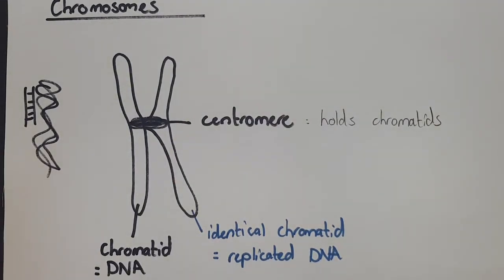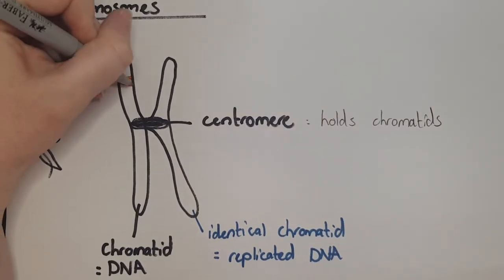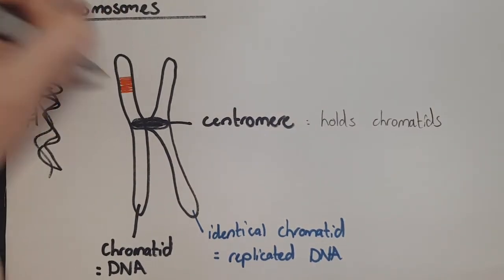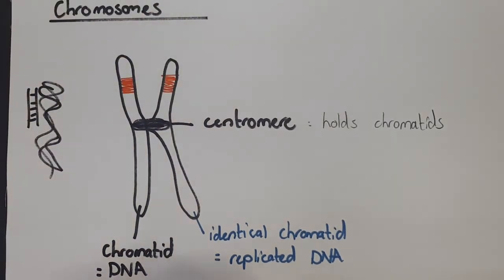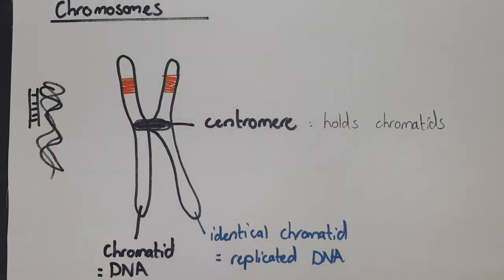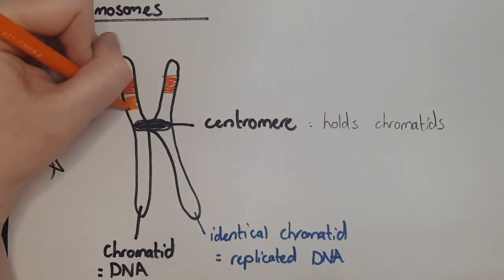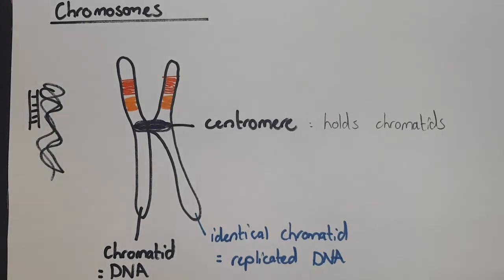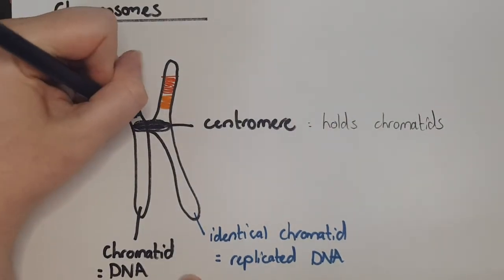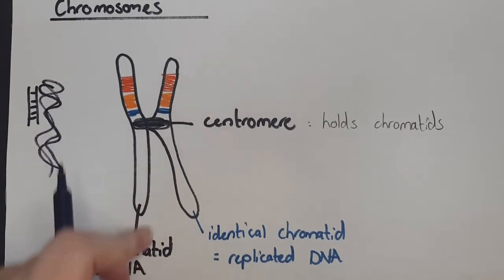Now, along each part of that chromatid, it's divided up into little sections of DNA. So we can have this whole section of DNA here, which is going to be the same as this whole section on the DNA here. Then there's going to be another section underneath it, which is going to be different, and another section, all the way down to the bottom.